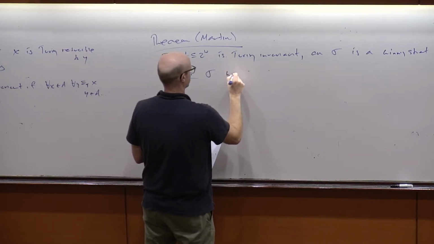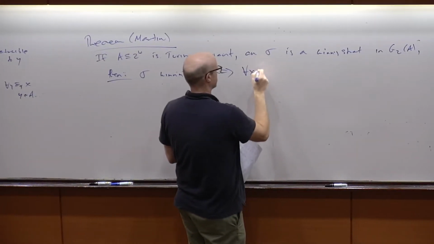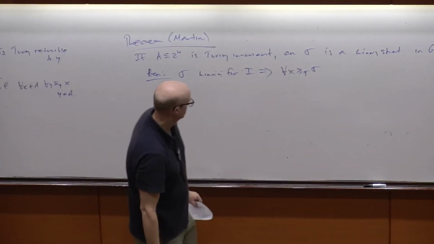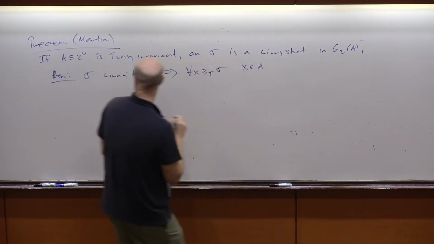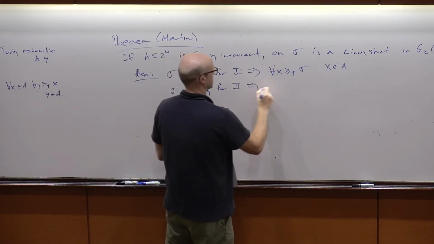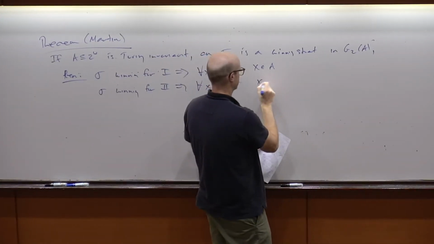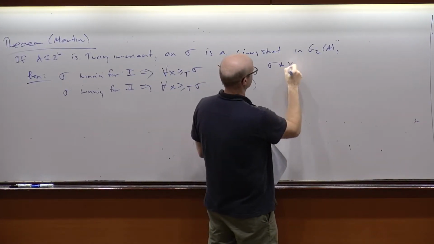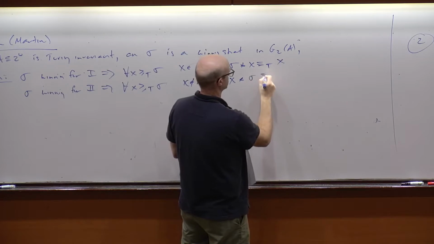If sigma is winning for 1, that means that for any play x for player 2 which is above sigma, x has to be in A. And if sigma is winning for 2, then for any x that's Turing above sigma, x is not in A. The reasons in those two cases are basically that in this case, if I play sigma against x, I'm Turing equivalent to x, or in this case, if I play x against sigma, I'm Turing equivalent to x.